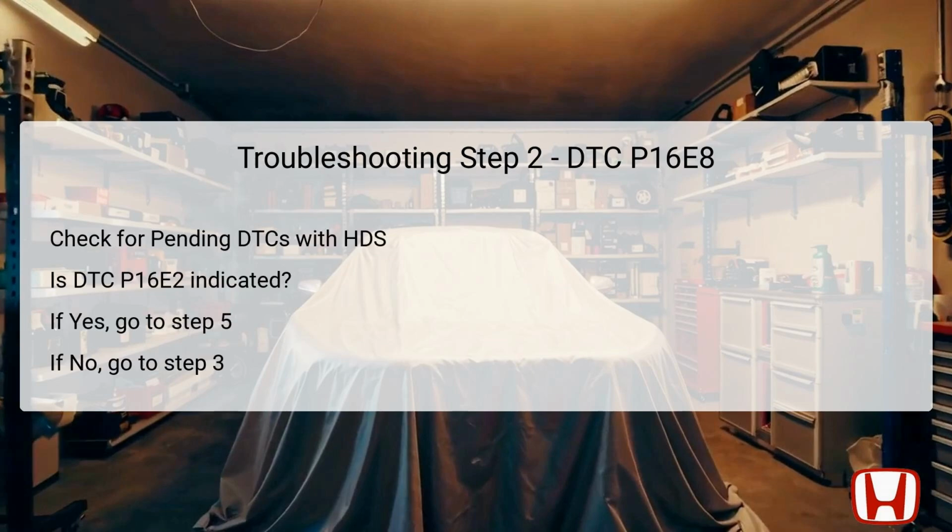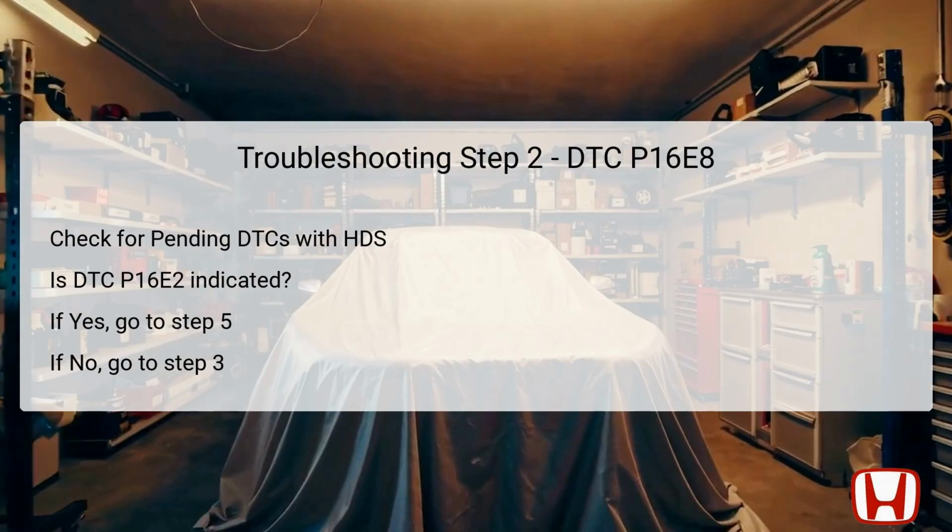In this second step of troubleshooting, the focus shifts to checking for both pending and confirmed DTCs using the HDS. It's essential to verify if any other codes, specifically DTC P16E8, appear, as this indicates a related issue with the PGM-FI-ACG, alternating current generator, LIN communication system.